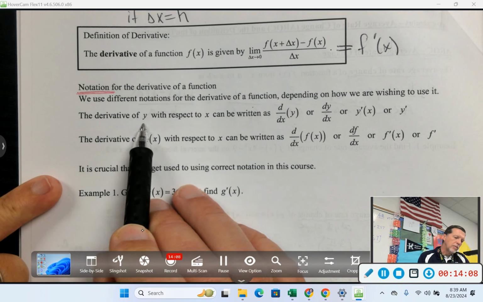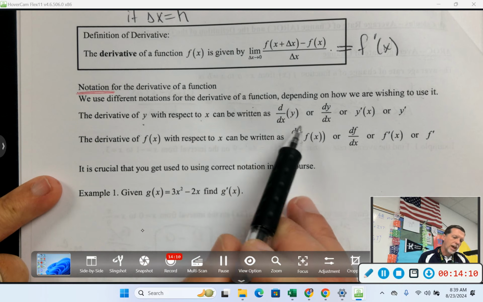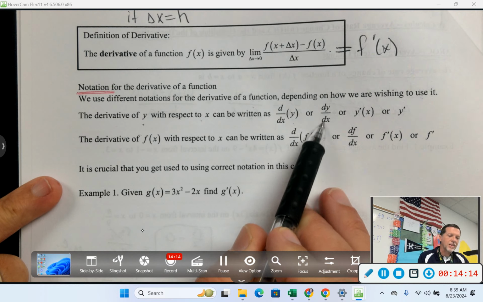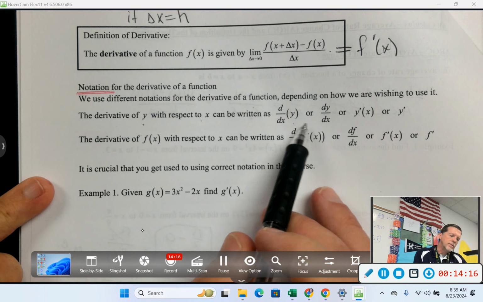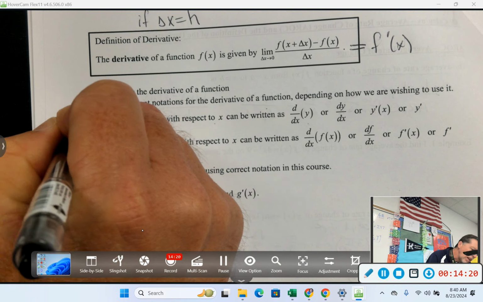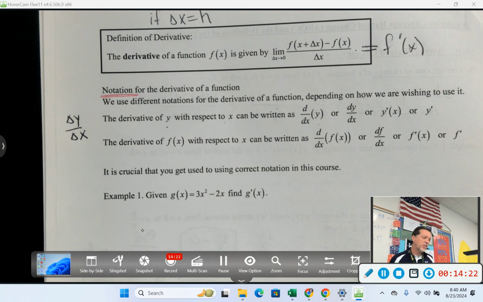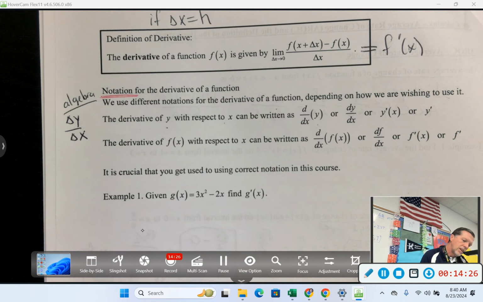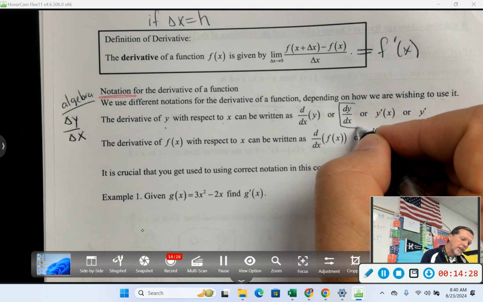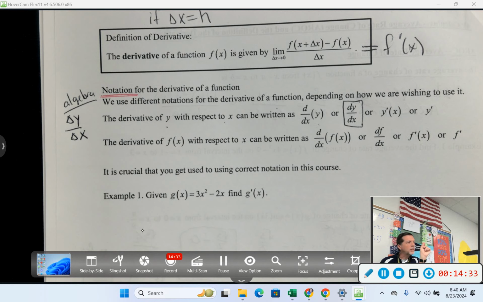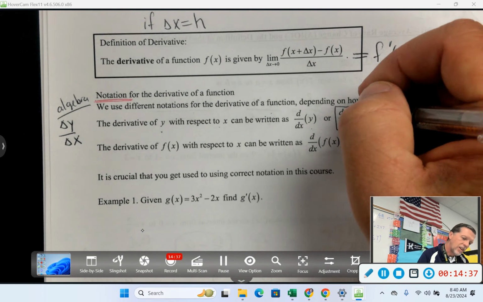The derivative of y with respect to x can be written as d dx of y, which is the same thing as dy dx. And where that one comes from, change in y over change in x, that was algebra. But dy over dx, instead of a delta y, it's a really small difference, an infinitesimally small difference.